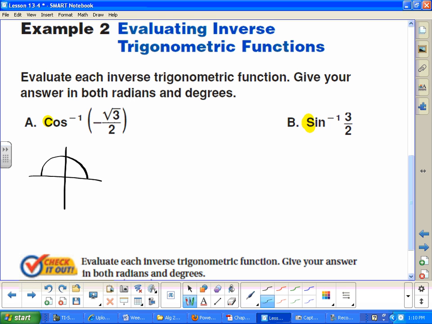Looking at the top half of the unit circle, where does cosine equal negative square root of 3 over 2? In degrees and radians, 150 and 5 pi over 6. So my answer here is 150 degrees and 5 pi over 6.